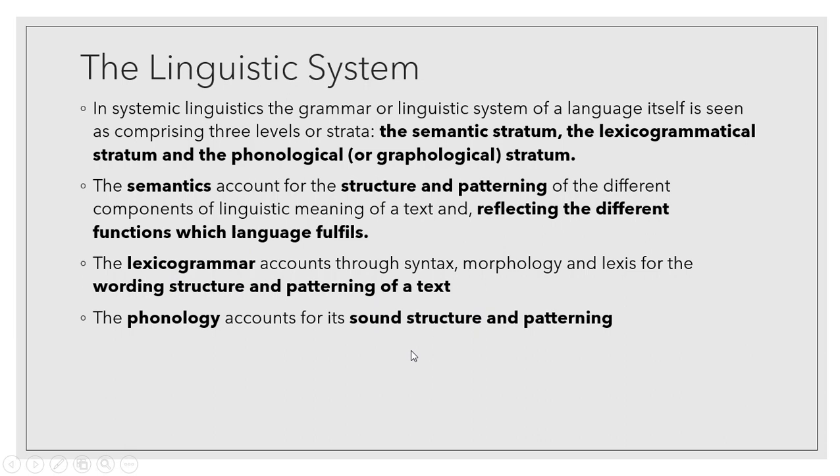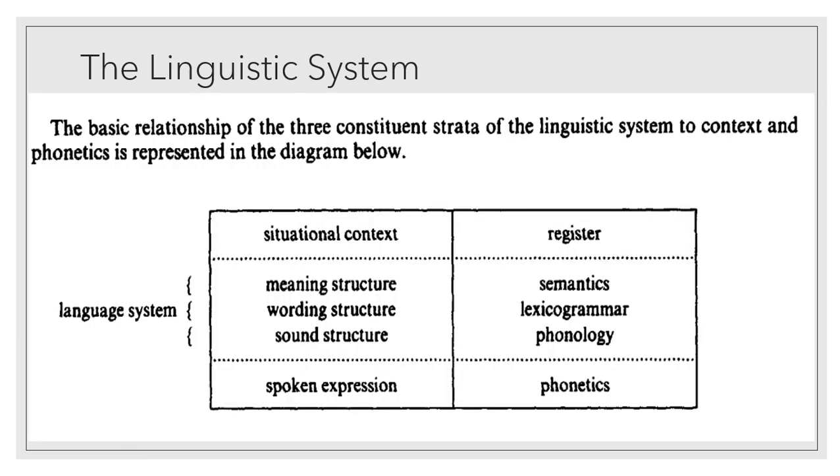I hope you understand up to this perspective. If you are using language in a situational context, you learn register, and in order to build the language, you use meaning, wording, and sounds. Meaning is learned under semantics, wording under lexicogrammar, and sounds under phonology.